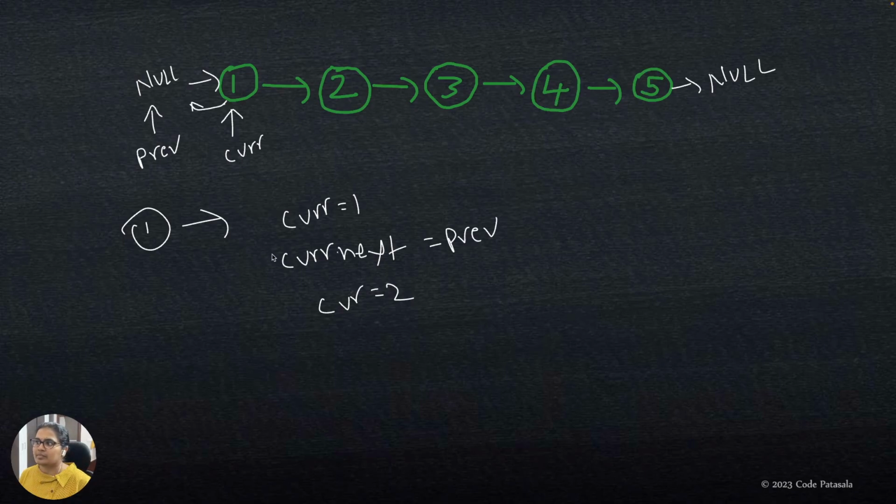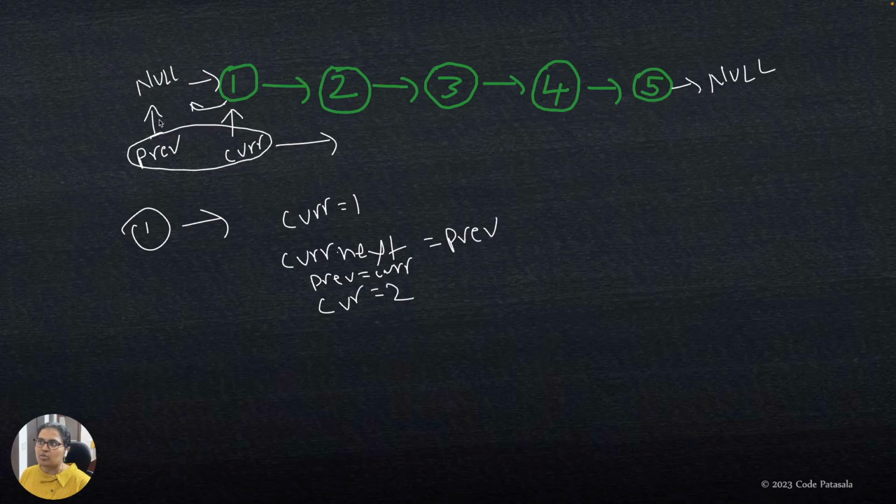So previous will also become current. It is just reassigning of variables. Previous will become your new current, and current will move forward. These two variables are basically moving together, and in the process you are creating these next connections as well.